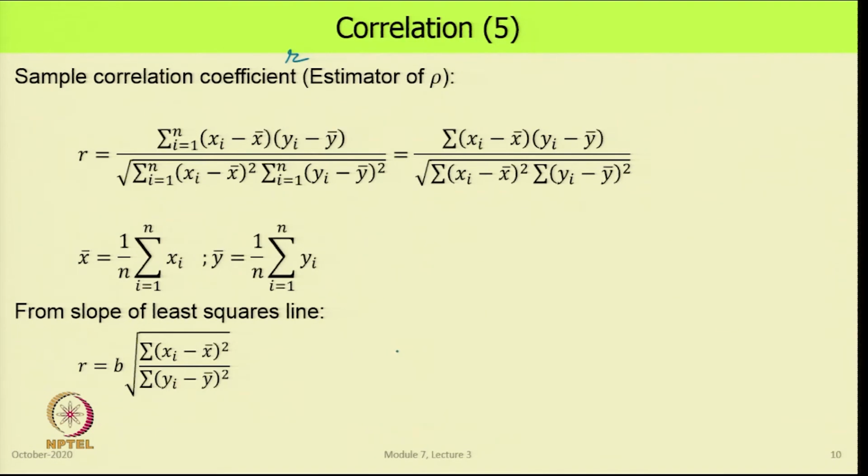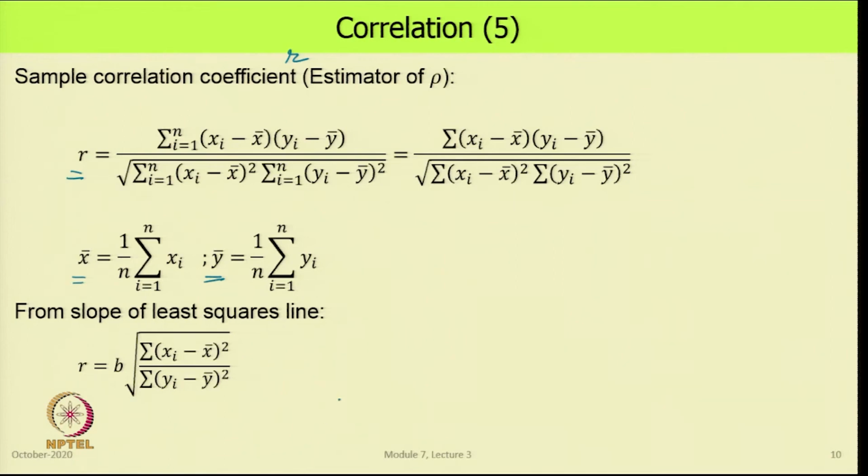Rho is the correlation that comes from the population, R is coming from the sample, and the formula is given here, that R is summation (x_i minus x bar)(y_i minus y bar) over square root of summation (x_i minus x bar) squared times summation (y_i minus y bar) squared. So, x bar is nothing but the mean of the x values, y bar is the mean of the y values, and using this we can calculate the correlation coefficient R.